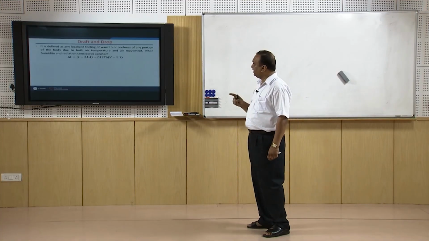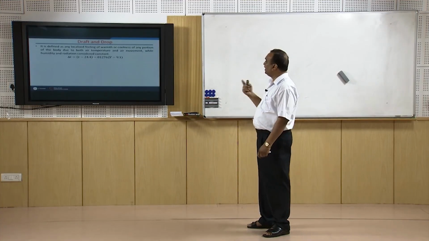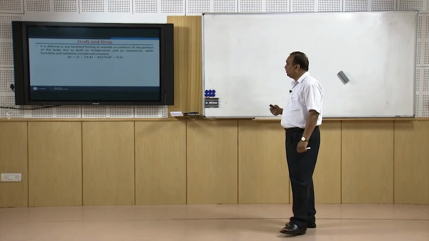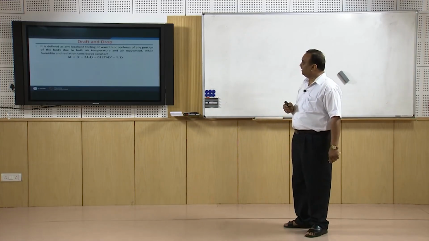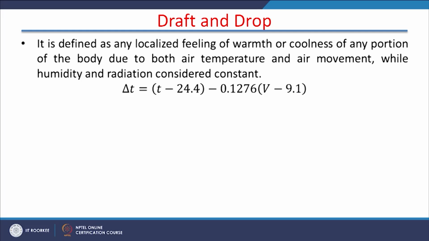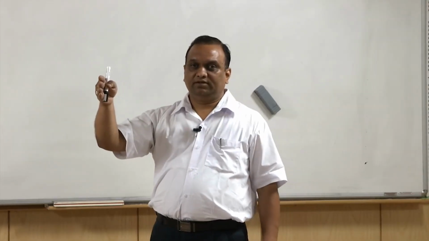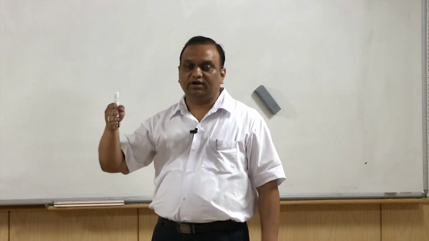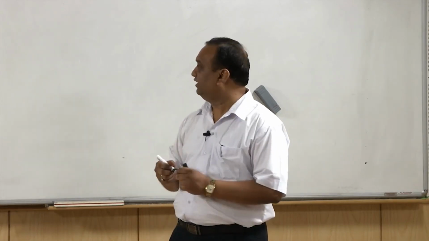Draft I have already explained to you, that is a localized feeling of warmth and coldness due to both temperature and air movement, while humidity remains constant. So, draft I have already covered in the previous lecture. Drop is the vertical distance traveled by the air stream.